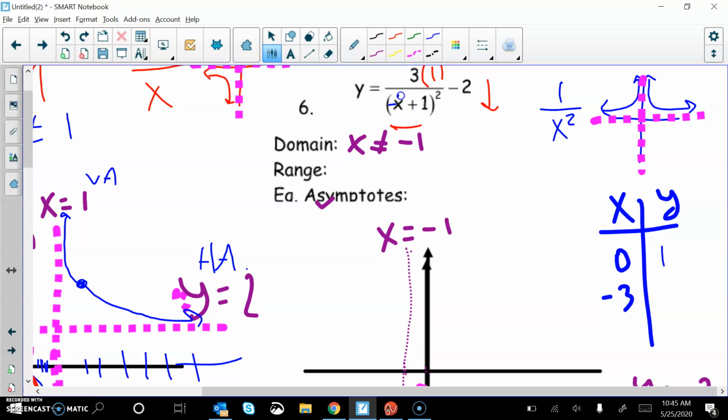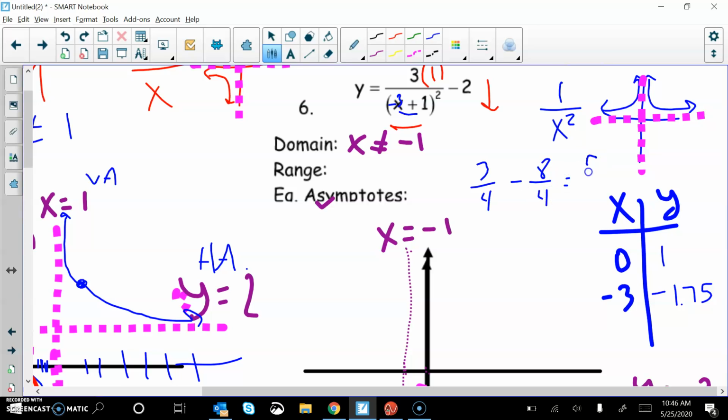Plug in negative 3. Plus 1 is negative 2. Squared is positive 4. 3/4 minus 2. All right, gives us a fraction. What's 3/4 take away 2? It's looking like negative 1.75. Let's go ahead and verify that. Take away 2.